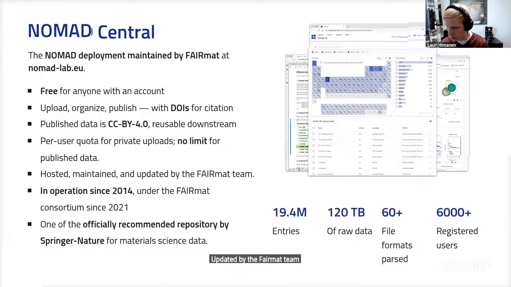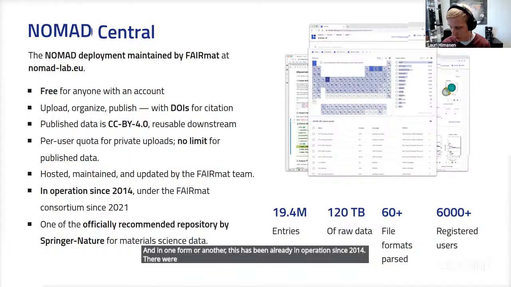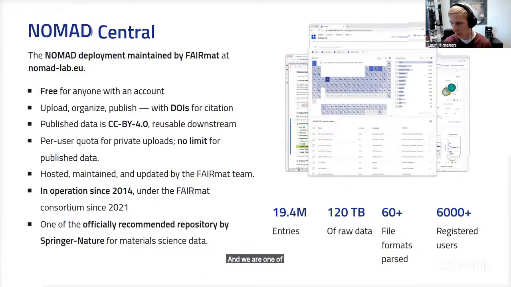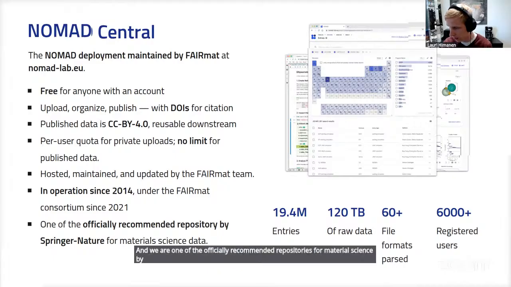And in one form or another, this has been in operation since 2014. There were previous projects under which we were hosting this service, but since 2021, the service has been under the FAIRmat consortium. And we are one of the officially recommended repositories for material science by Springer Nature.